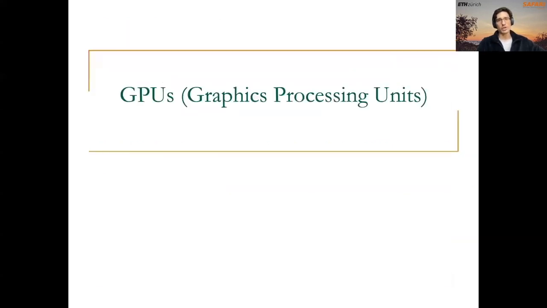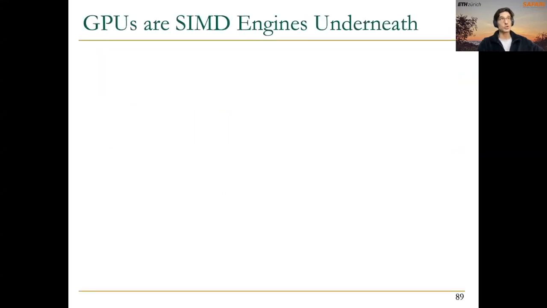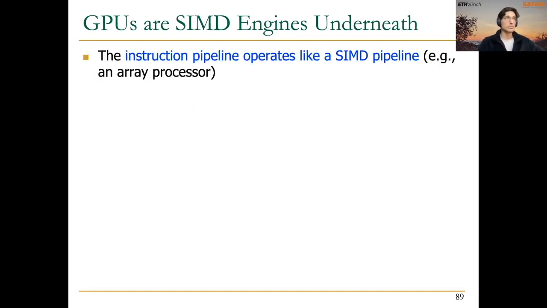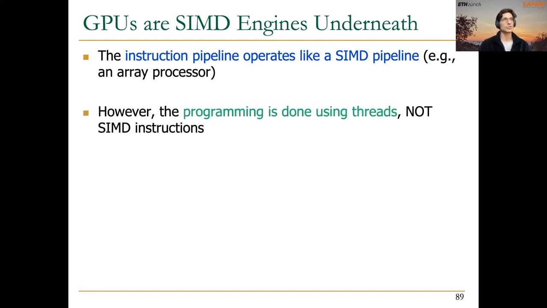And now it's time to start with graphics processing units, GPUs, and as I have already mentioned before, GPUs are SIMD engines underneath. That means the instruction pipeline operates like a SIMD pipeline, like an array processor, but it's not even an array processor. As I said before, it's a combination of array and vector processor, as you will see.